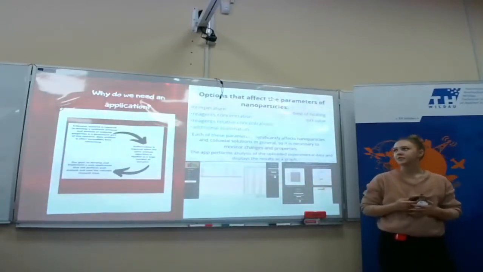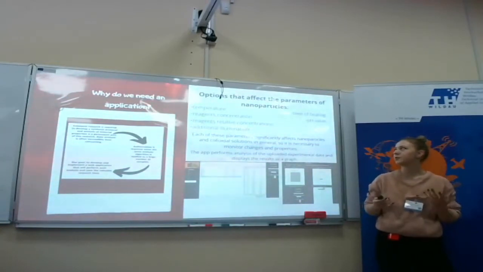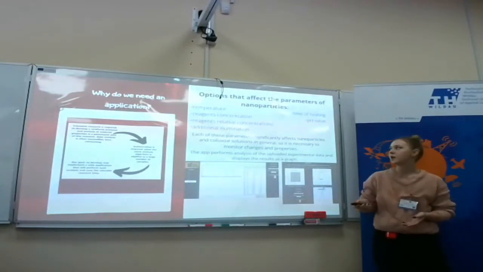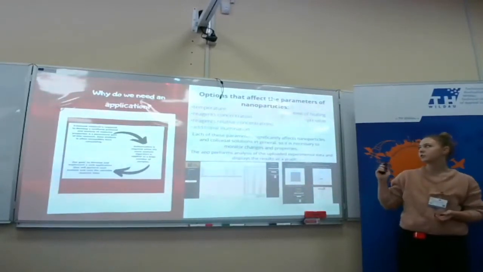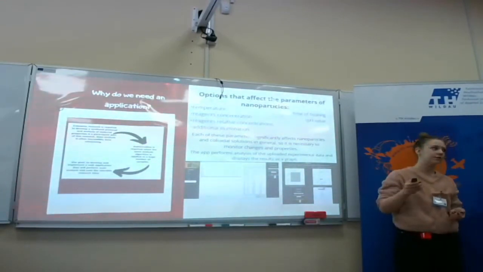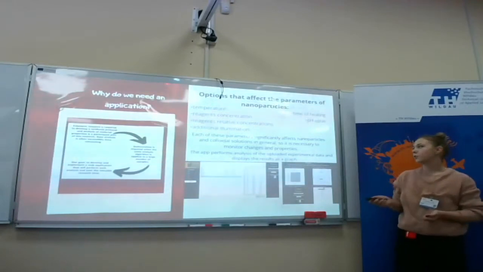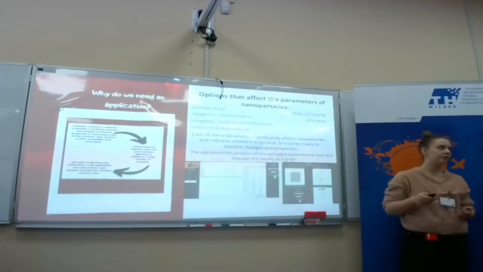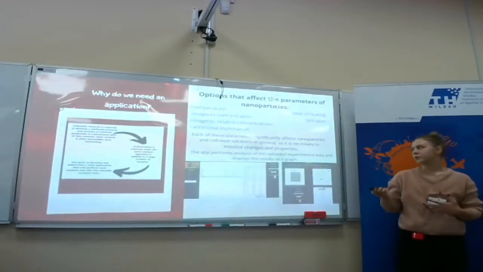We know that some options can affect the parameters of nanoparticles. For example, temperature, reagents concentration, time of heating, pH value, and additional illumination have significant influence. So it is necessary to monitor the changes and the differences in the properties of nanoparticles.